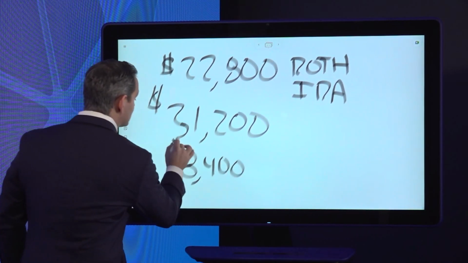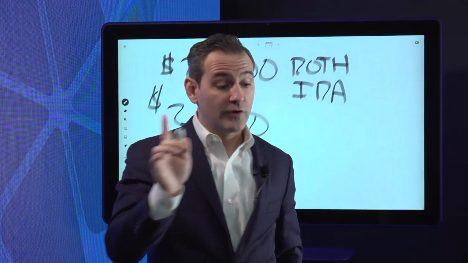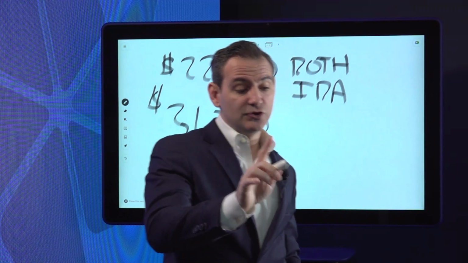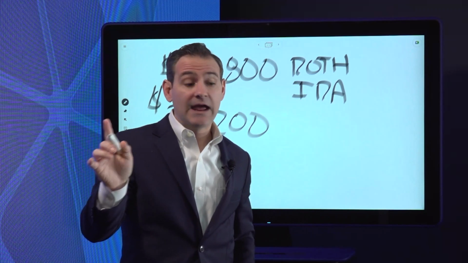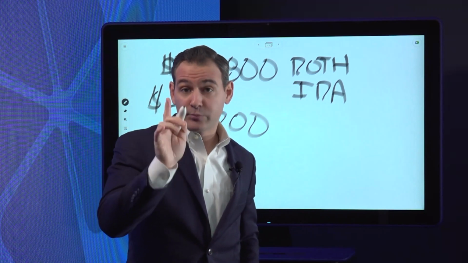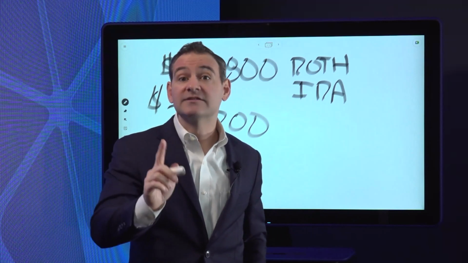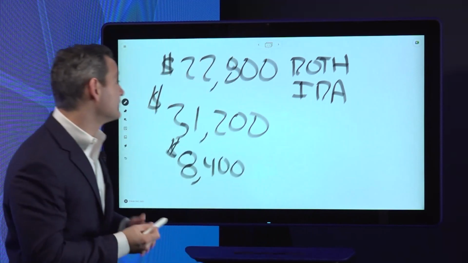So on this particular transaction in year one, the Roth IRA grew from about $22,800 to over $30,000. All right. And the $8,400 in profit is all tax-free. Now, year one is a little bit more capital intensive because we have the furnishings. They had $5,000 in furnishings.